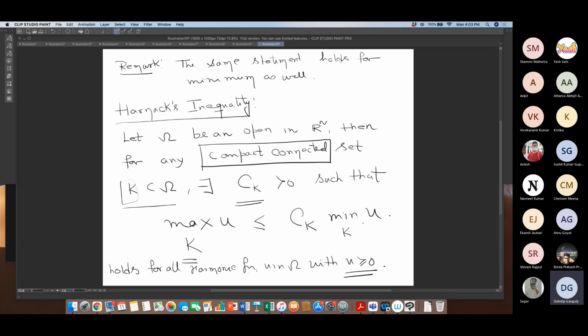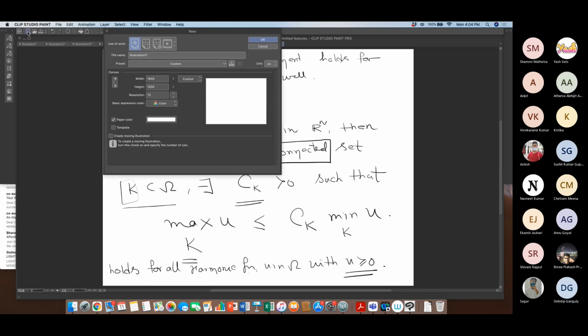Yes. Then the maximum of u is some non-negative number, and the minimum of u is also some non-negative number. These are two numbers, and you can always find a constant C such that this happens, yes or no? You understand what I am saying?